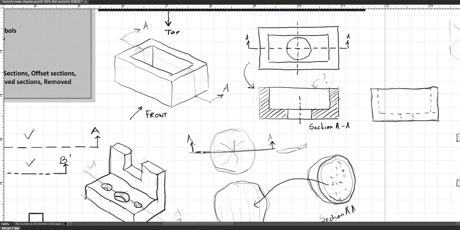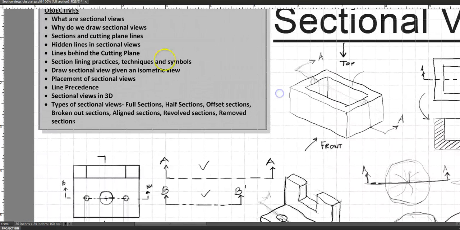Why do we draw this line? This line is pretty much that edge that you see over here. Are we cutting through this? No. So this is an elevational line of the object. Do we omit that? No. We have to show the object lines that are behind the cutting plane.